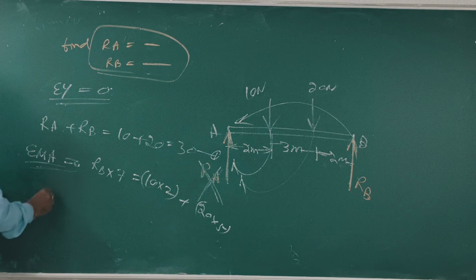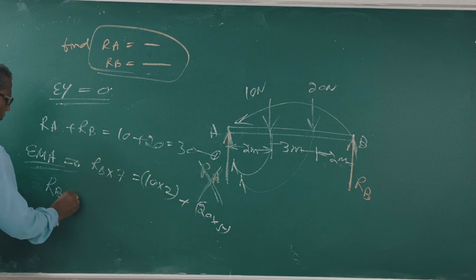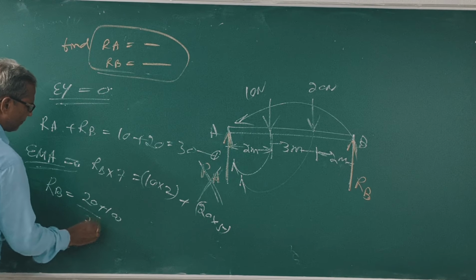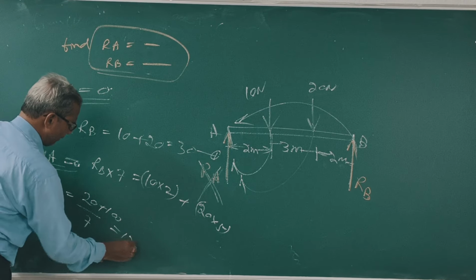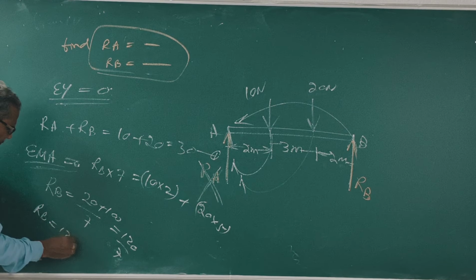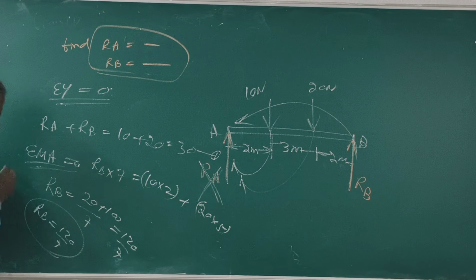Clear? What is RB equal to? 20 plus 100 by 7, 120 by 7. You will find the answer using calculator. Clear?